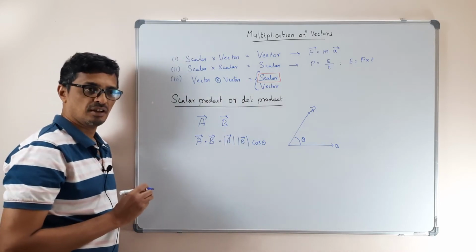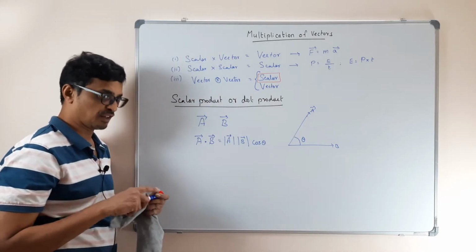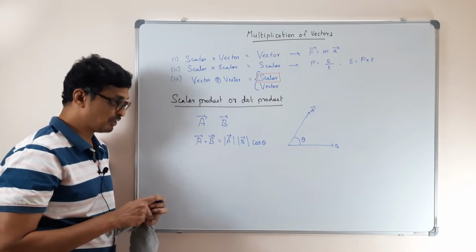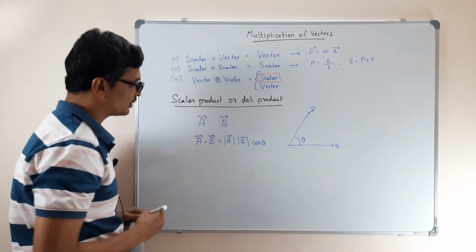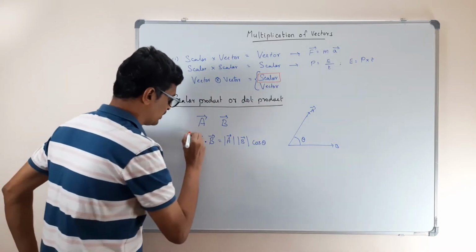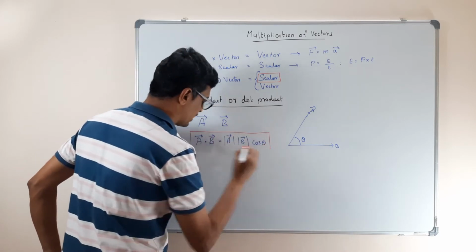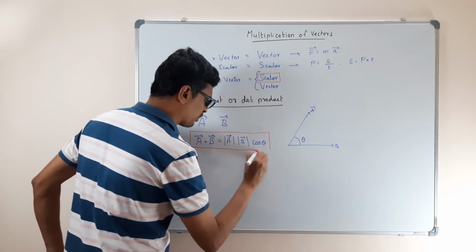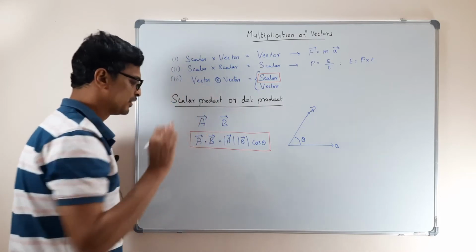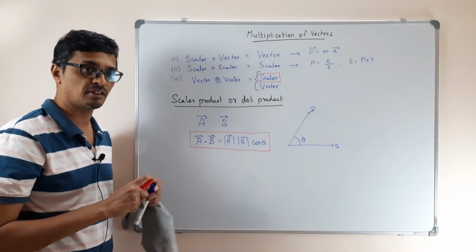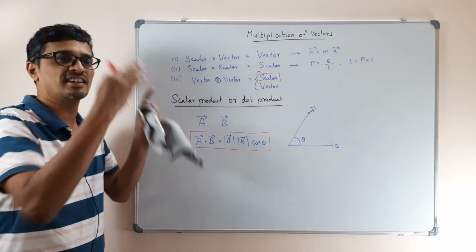What about when they are parallel? Yes, we will come to that. We will see what happens. It's parallel, yeah, correct. Good question. We will see that. So this is called your scalar product. In your earlier classes, you multiplied force into displacement, everything, without being bothered whether they are scalars or vectors.